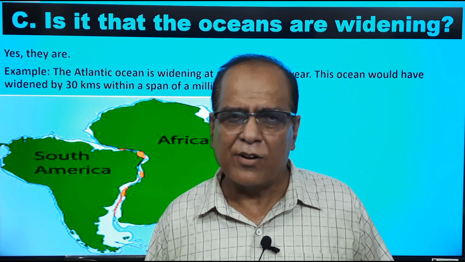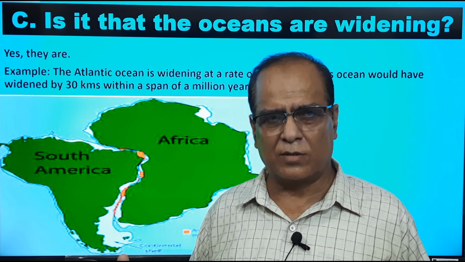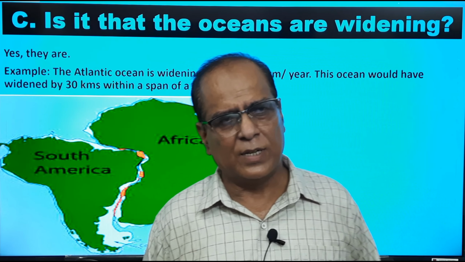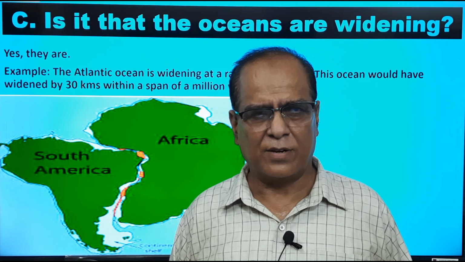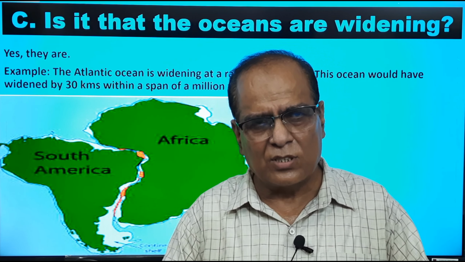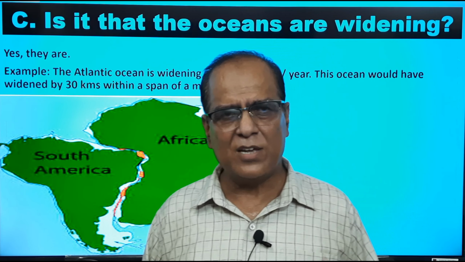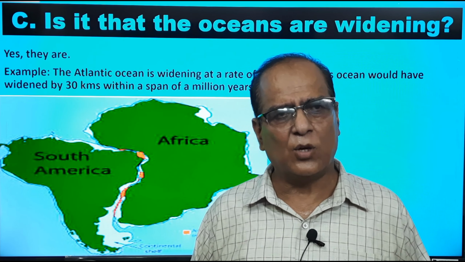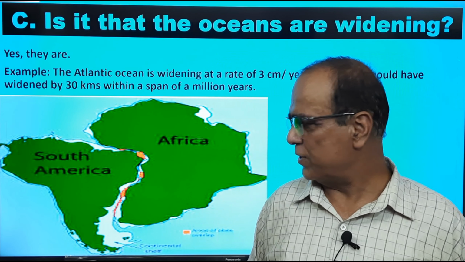At a rate of 3 centimeter per year. It's just one calculation put up here, that if with 3 centimeter per year the ocean floor is widening, then over a million year span of time it would have 30 kilometer of widening. So this simple calculation is being put up here.